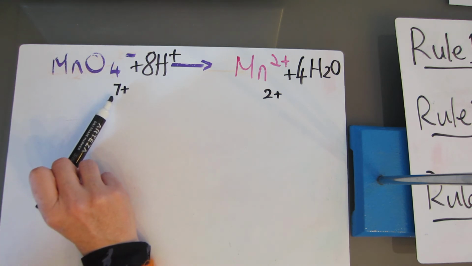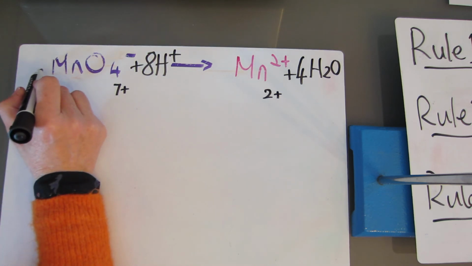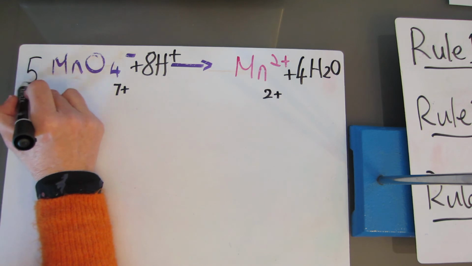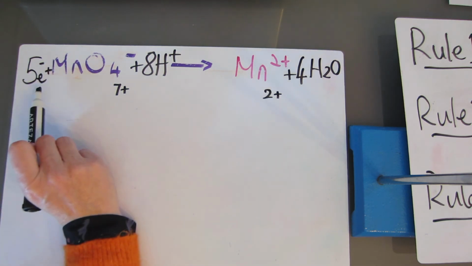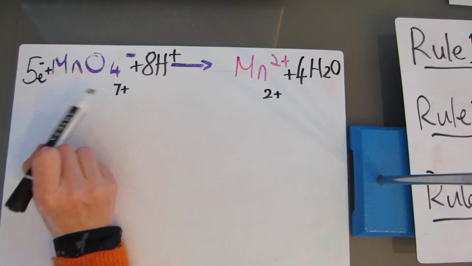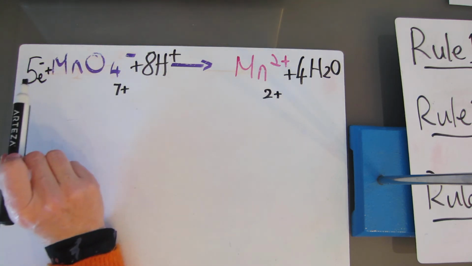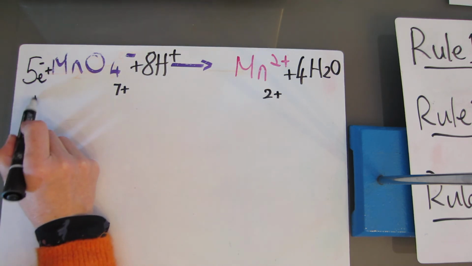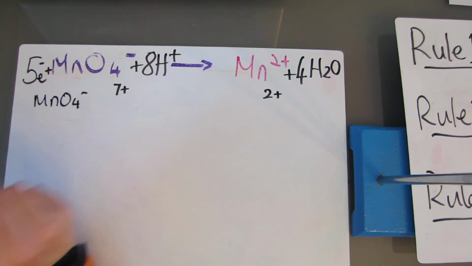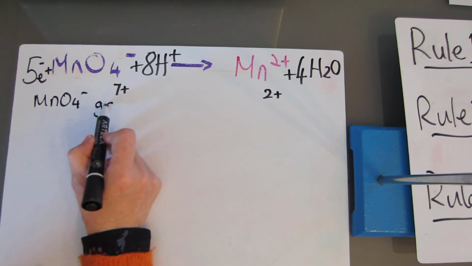I need to add electrons until the charge on this side also becomes 2 plus. Can you work out how many that's going to be? I actually need 5 electrons. 7 positives and 5 negatives give me 2 plus overall. Okay, MnO4 minus, make a note here, gains electrons.